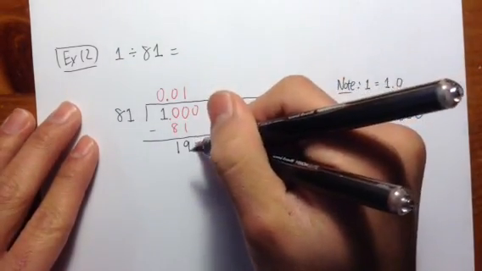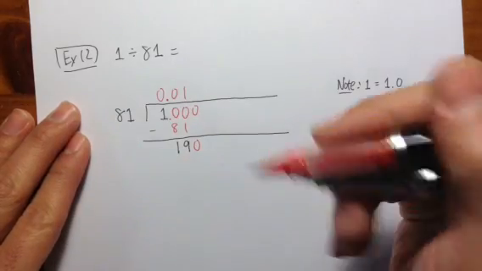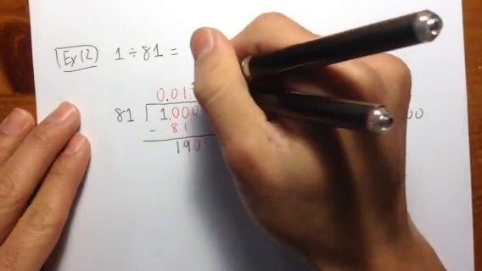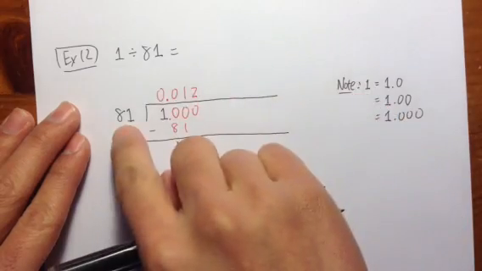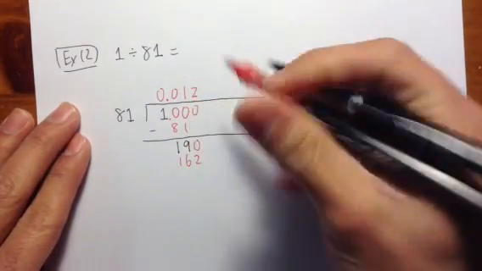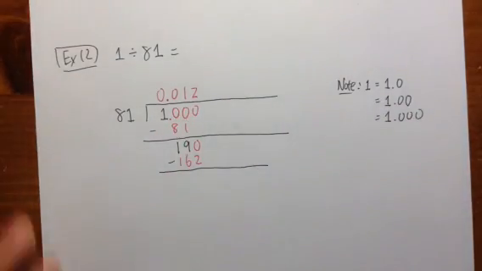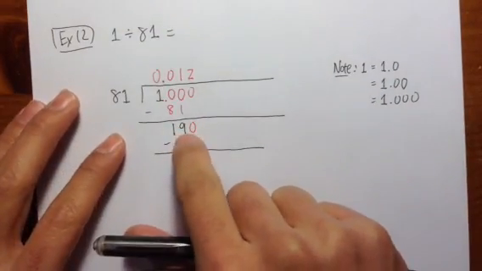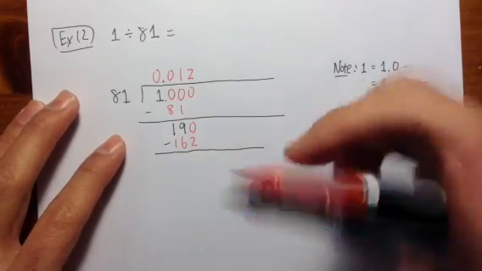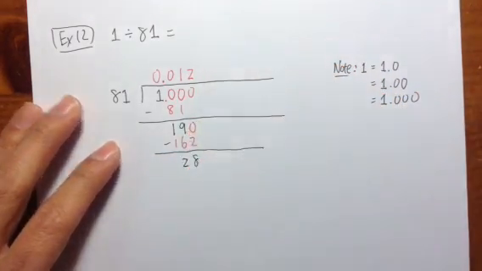Bring this 0 down. 81 goes into 190 twice. So put a 2 right here. 2 times 81 is 162. And subtract. Continue. 190 minus 162, I get an 8, and I should get a 28.